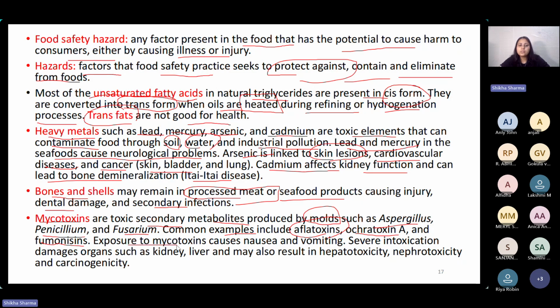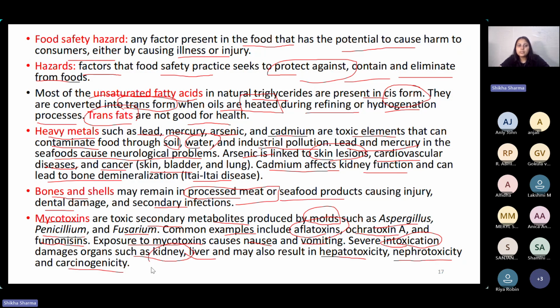These mycotoxins can cause nausea and vomiting. And if there is severe intoxication, they can damage organs like the kidney and liver, and can also result in hepatotoxicity, nephrotoxicity, and carcinogenicity.